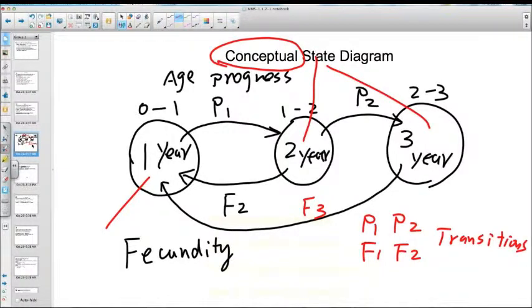Because the survival rate is not high, you can at least know the population of the second year and the third year will be much smaller than the population of the first year. So qualitatively, we understand this relationship.